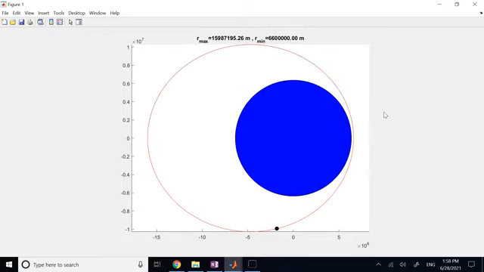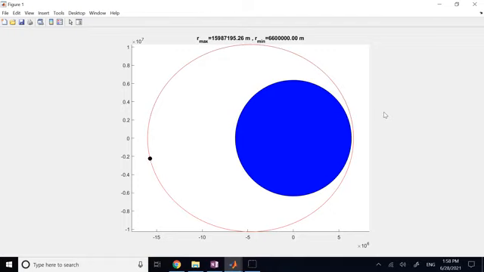I chose my final time so it goes more than one round and then stops. And if you look at the value of your e, it is 0.42, which is between 0 and 1, and that means the motion is elliptical.